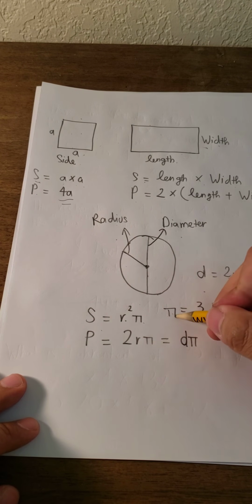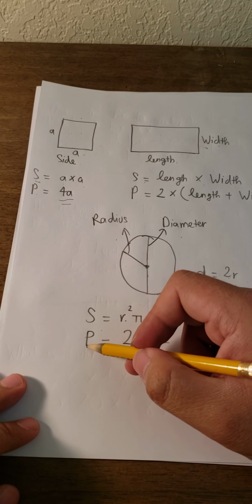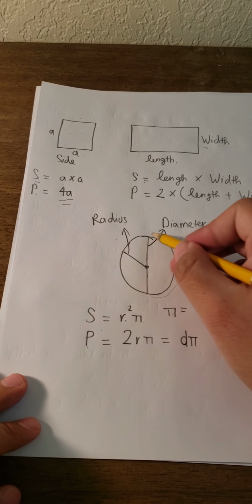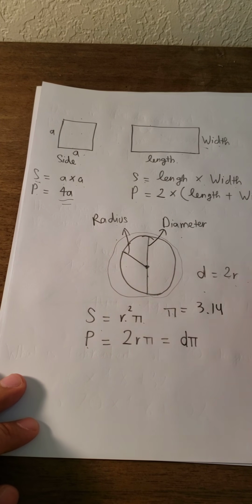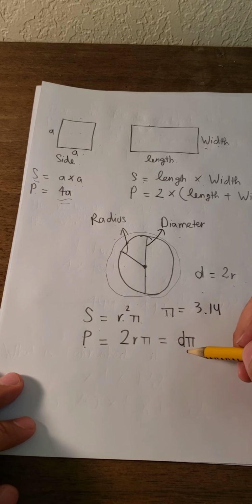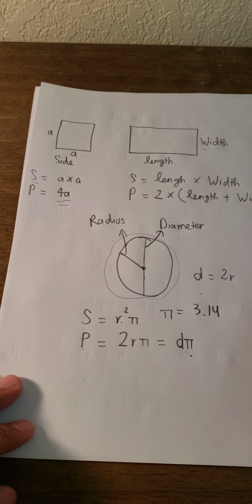We need to know this number too. And the perimeter of the circle means around the circle. So that is 2r pi, or d is diameter, because diameter equals 2r, so we can use diameter multiplied with pi. So that we have the basic formula.